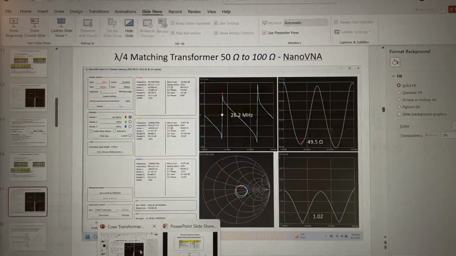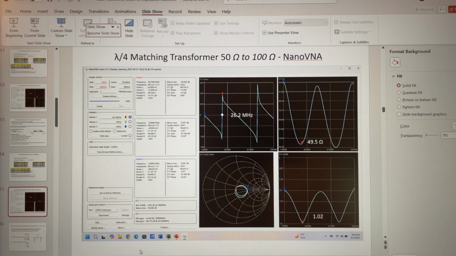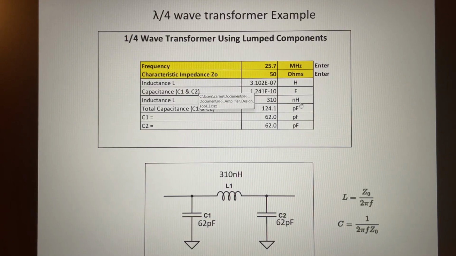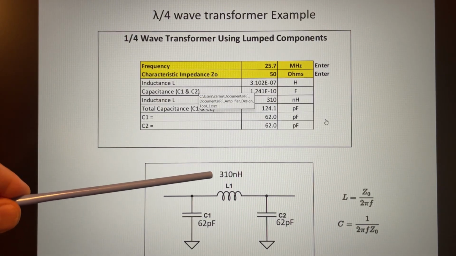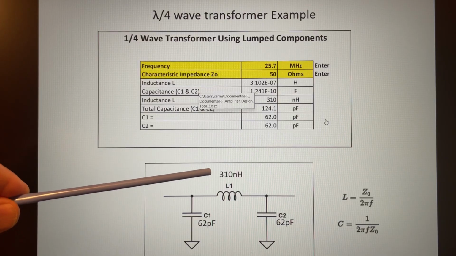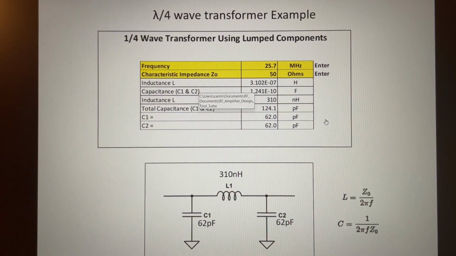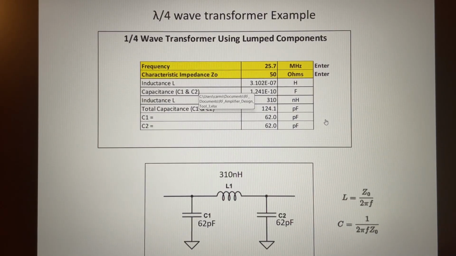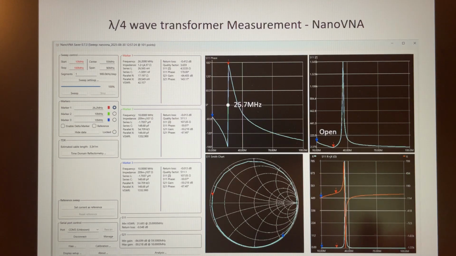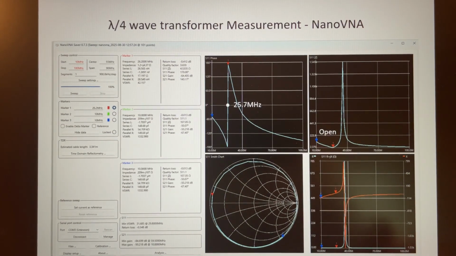This is all part of the same spreadsheet, so if you'd like a copy, just request it. We come up with 310 nanohenries for L, and for C1 and C2, 62 picofarads. Let's take a look at the results.